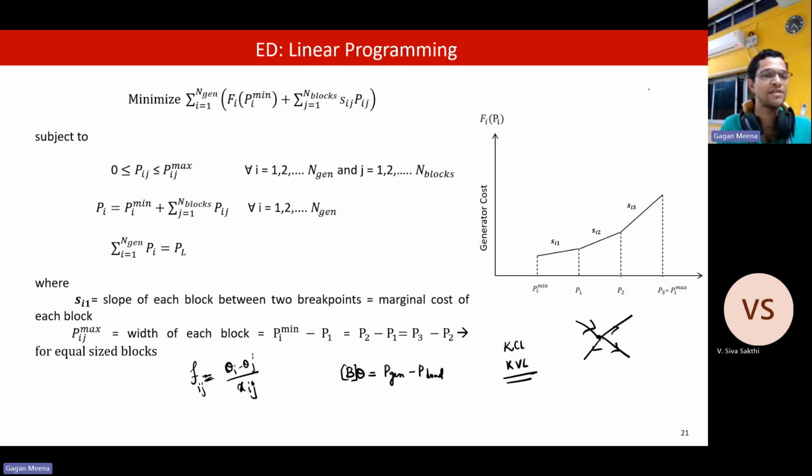This is flow, in per unit. If you want the actual value, multiply it by 100, considering 100 is the base MVA. This is line flow, and the absolute value of this should be less than the maximum flow, F max. This is another constraint. These two constraints we need to add when the network is also there.